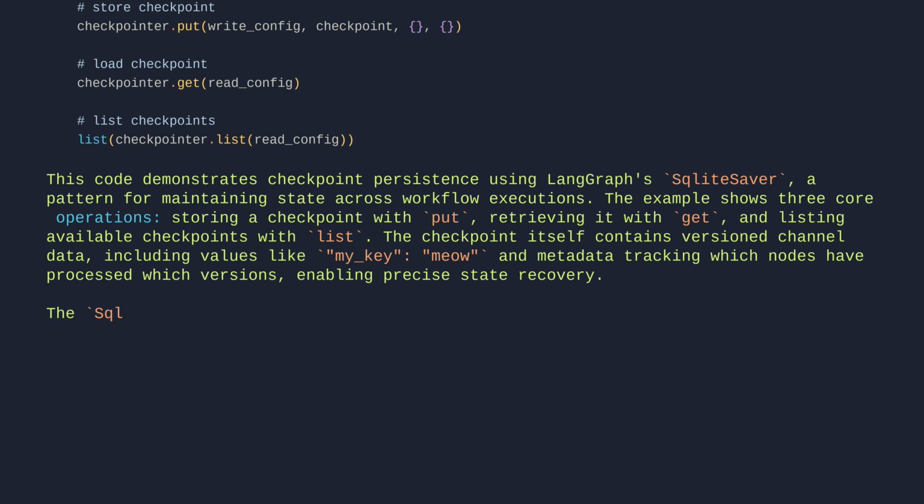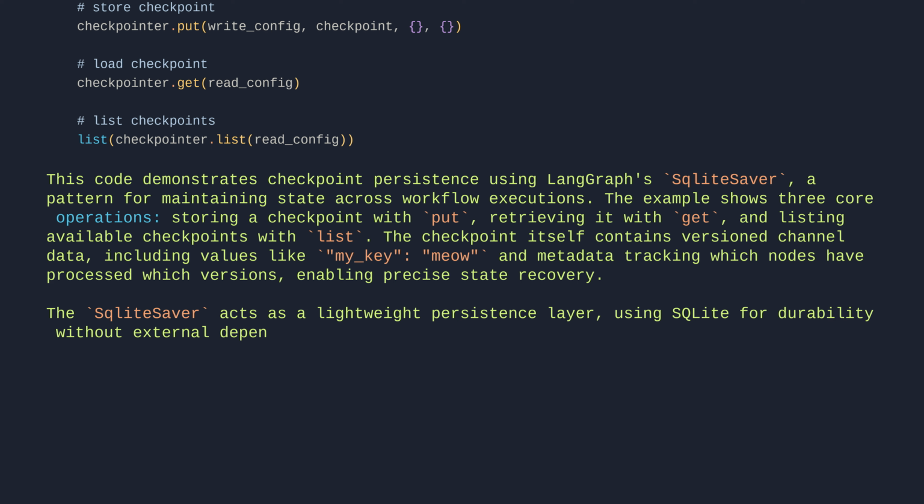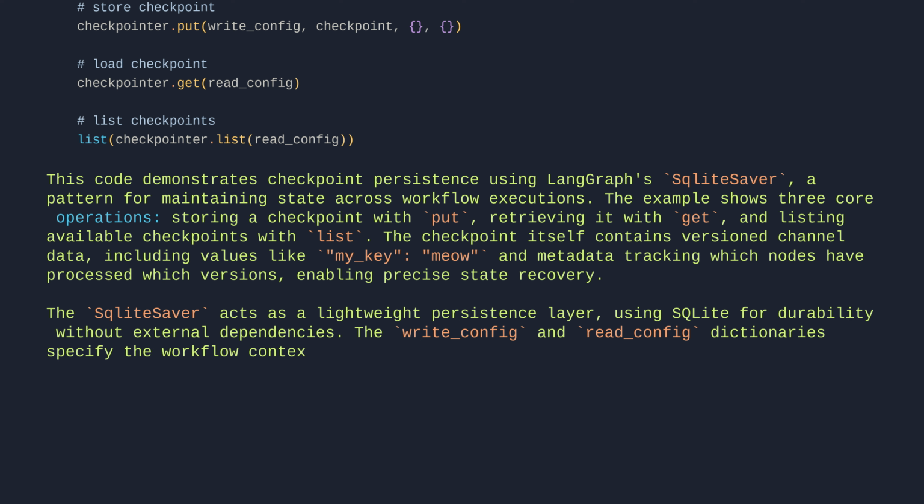The SqliteSaver acts as a lightweight persistence layer, using SQLite for durability without external dependencies. The write config and read config dictionaries specify the workflow context via thread_id, allowing isolation between different execution threads.